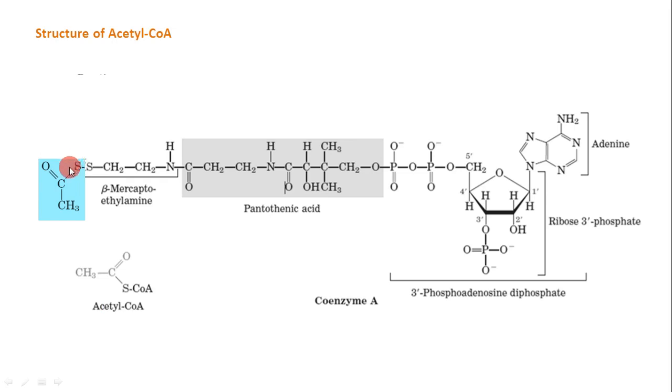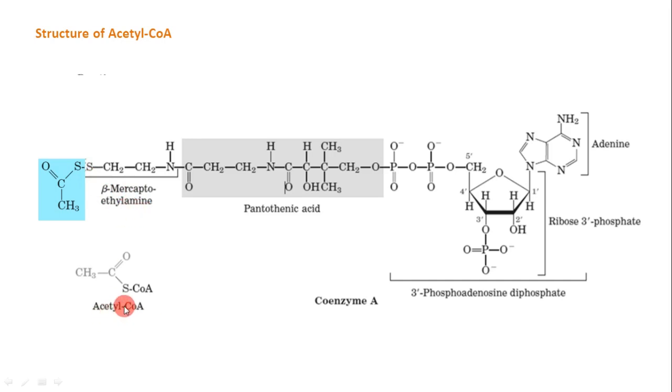You can see here the structure of acetyl coenzyme A. This is the acetyl part which was derived from the pyruvic acid. By oxidative decarboxylation, this acetyl part joins with the SH group of beta mercaptoethylamine to form acetyl coenzyme A.